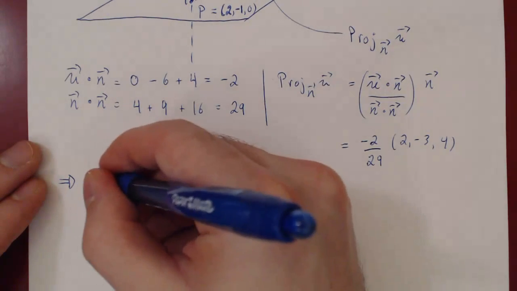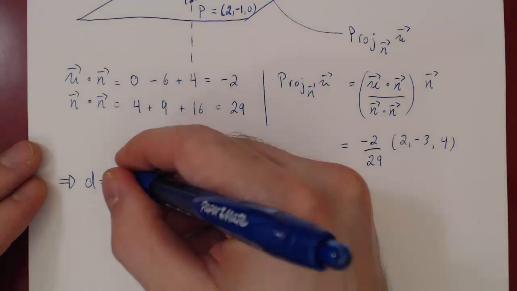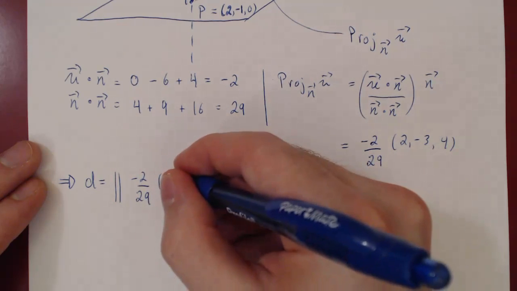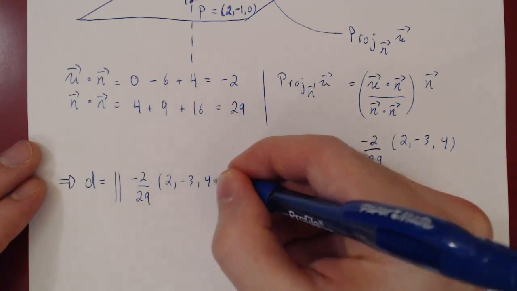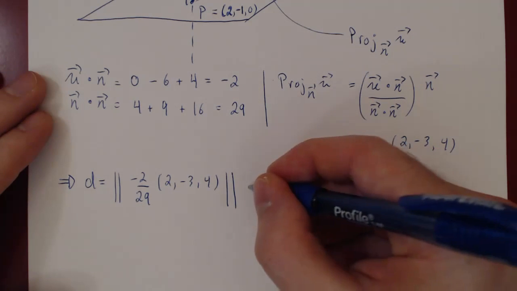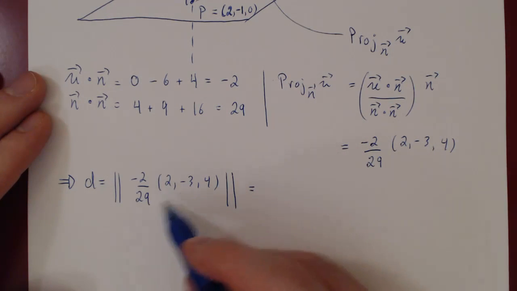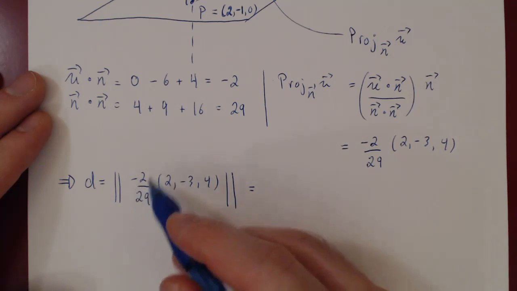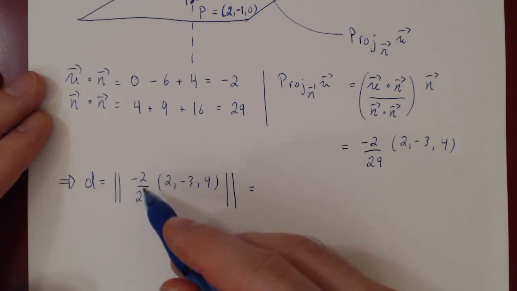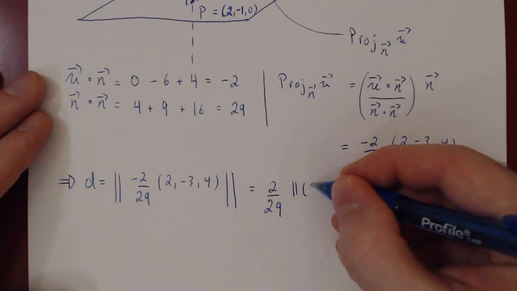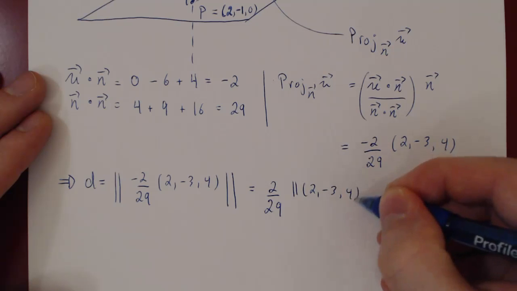Let's find the distance now. Distance is the norm of this vector, negative 2 over 29, times 2, negative 3, 4. As always, don't multiply the coordinates of the vector by this scalar, but factor this out, of course, in absolute values, so you'll get 2 over 29 times the norm of the vector n, 2, negative 3, 4.